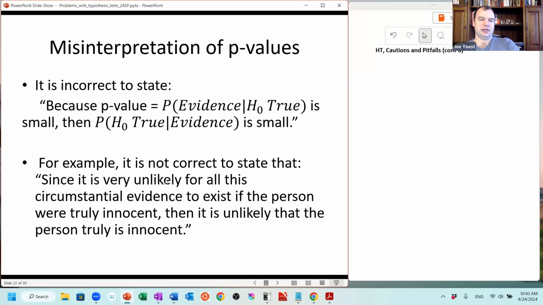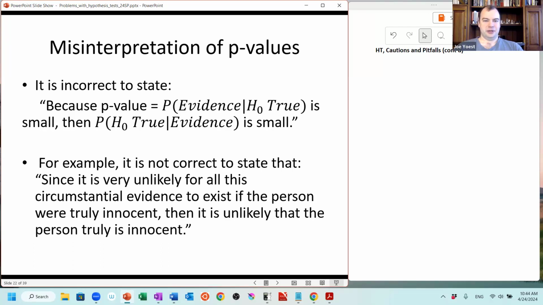So what might this look like in our jury trial example? If we're sitting on a jury, we might be tempted to say, there's a bunch of circumstantial evidence against this person, and we're operating under the null that the person is innocent at the beginning of the trial. We might say, if the person was truly innocent, what's the probability that all of this circumstantial evidence would line up perfectly with that person?